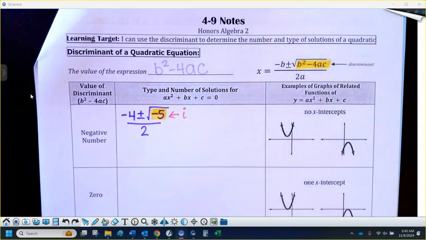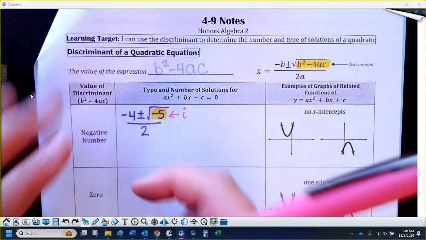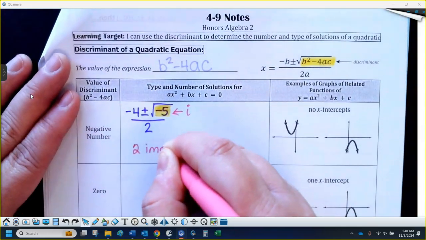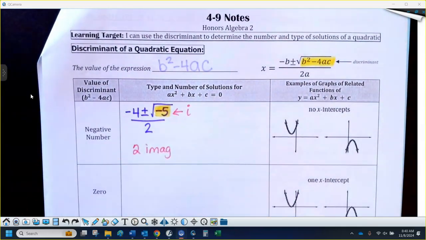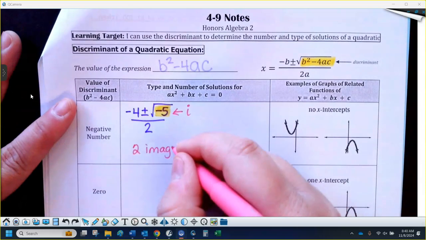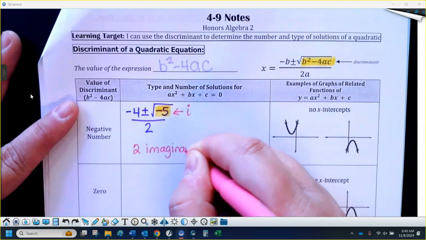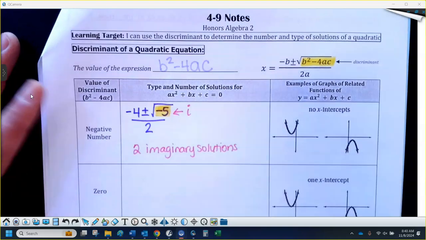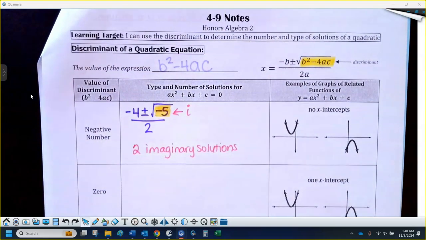Just because it has an i doesn't mean it's not a solution. You're going to have 2 because you have the plus or minus. You're going to have 2, and they'll be imaginary. Because you could do -4 plus i radical 5 if I simplified that. But you're going to have 2 imaginary solutions. And that plus or minus is what gives you the two solutions. One's a plus, one's a minus.